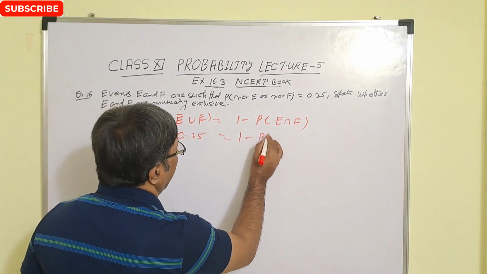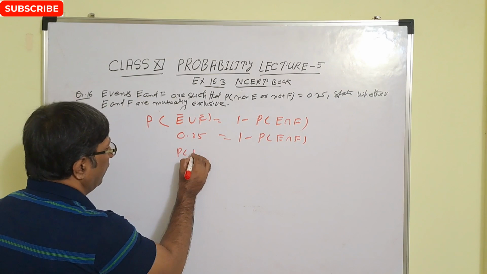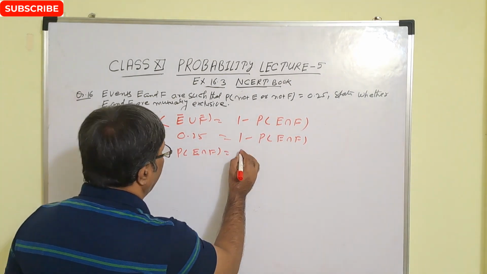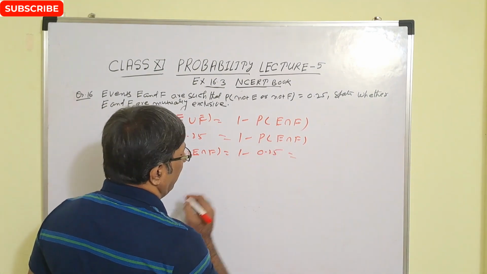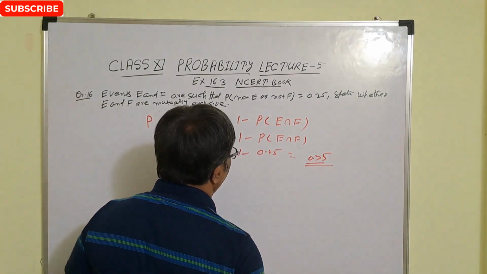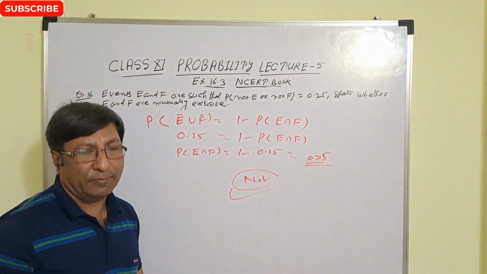So 0.25 equals 1 minus probability of E intersection F. So probability of E intersection F equals what? 1 minus 0.25, which is 0.75. So this is not mutually exclusive.